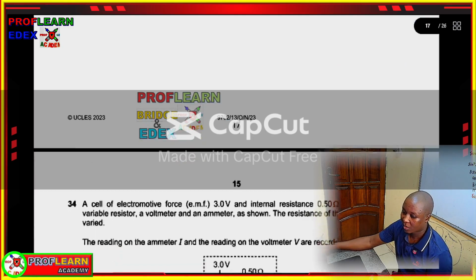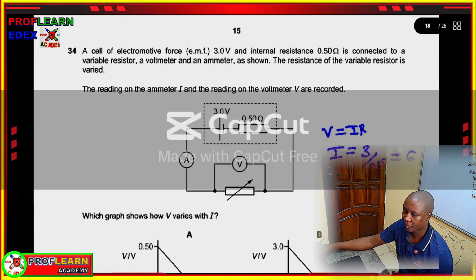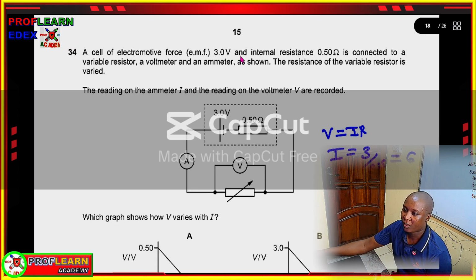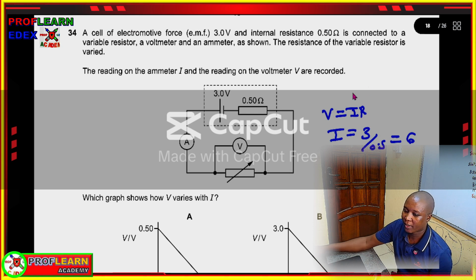ohms. 60 ohms. A cell of electromotive force 3 volts and internal resistance of 0.5 is connected to a variable resistor. The voltmeter and ammeter is as shown there. So we are told the voltmeter reading. The reading on the ammeter I is recorded. Yeah.